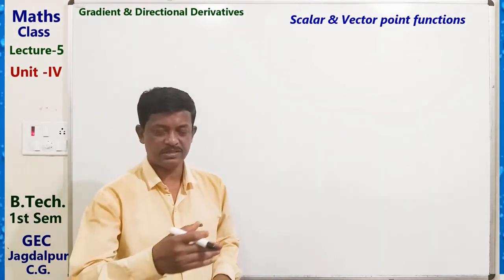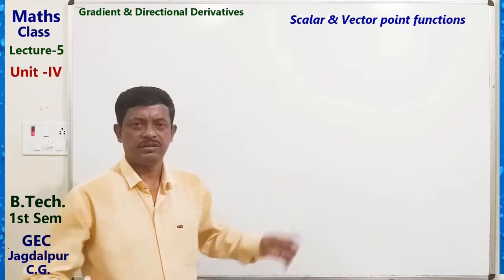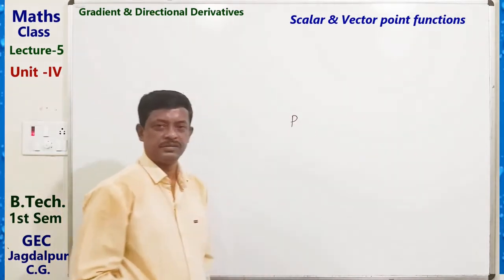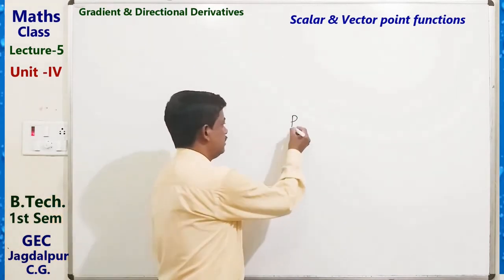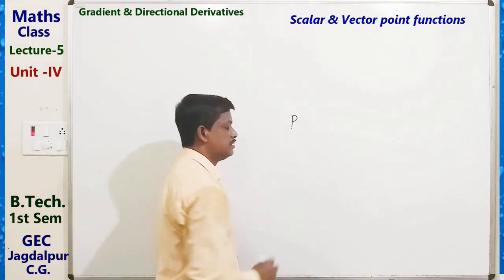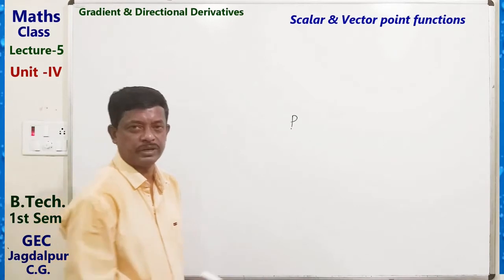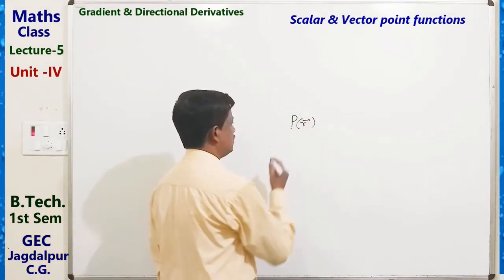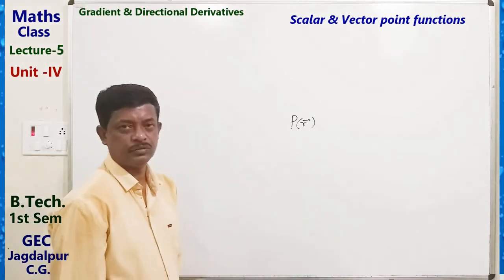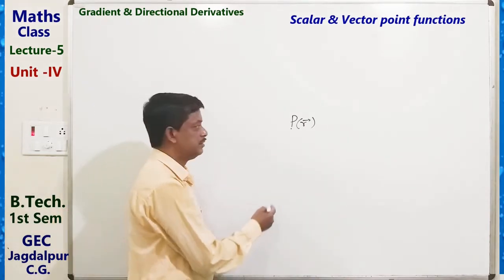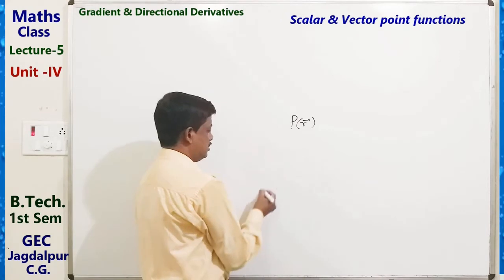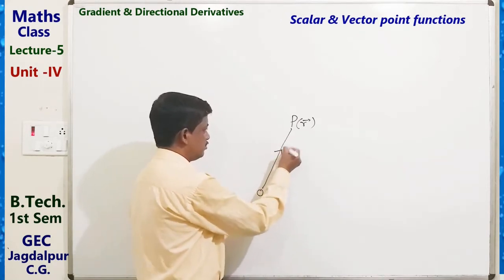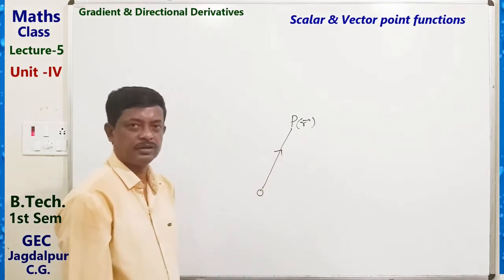If in 3D space there is a point, suppose P, and its position vector is R, we can draw it like this: there will be an origin, and this is the position vector of this point.